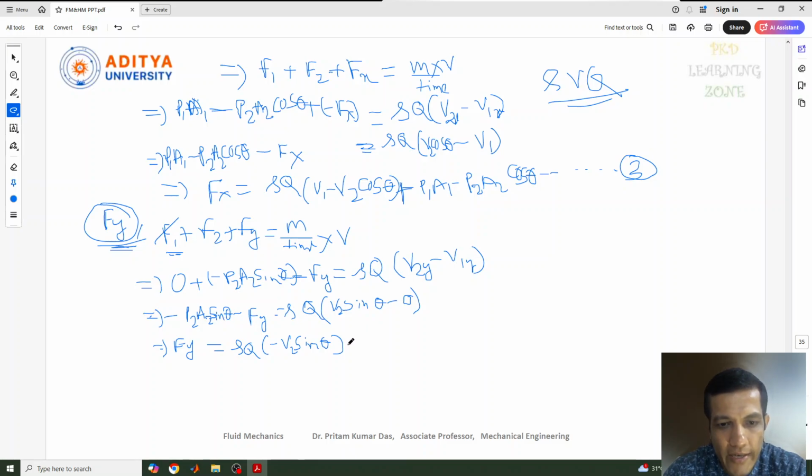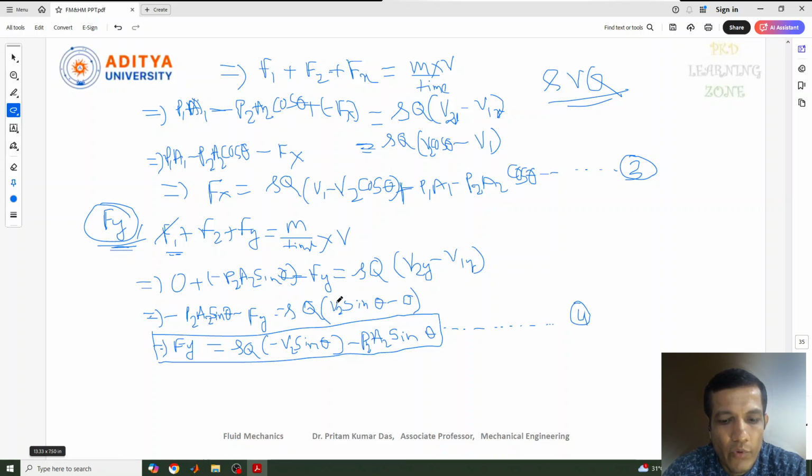Now this term we can take to this side, so it will become minus P2 A2 sine theta. So this is our equation 4, and this is the force in the y direction.